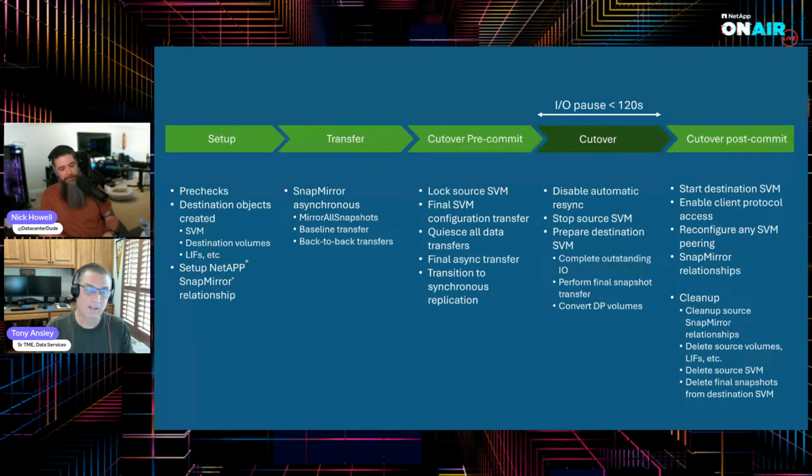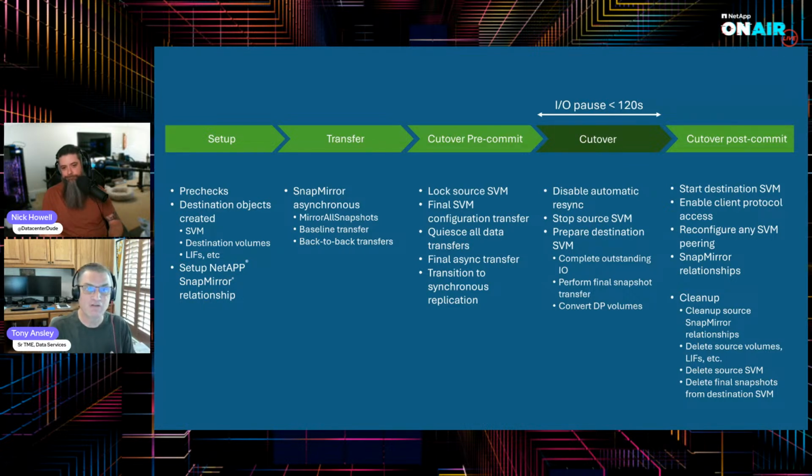Is there a specific reason for that you're aware of? It's not the data movement. It's the SVM configuration information. As ONTAP versions get newer, there are always new features introduced, and we can't go backwards.